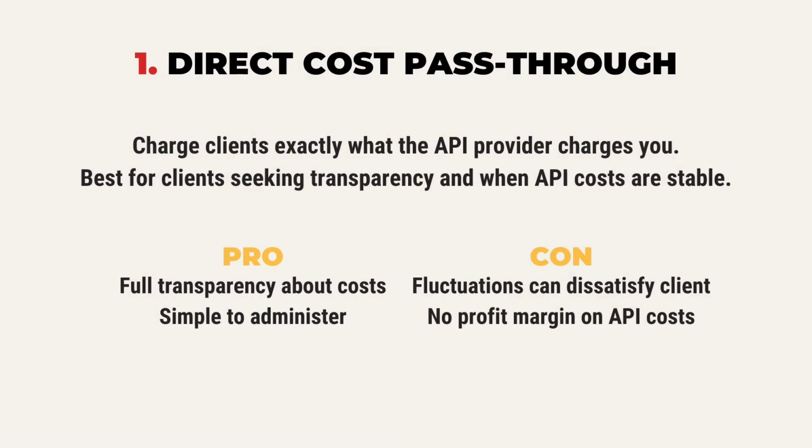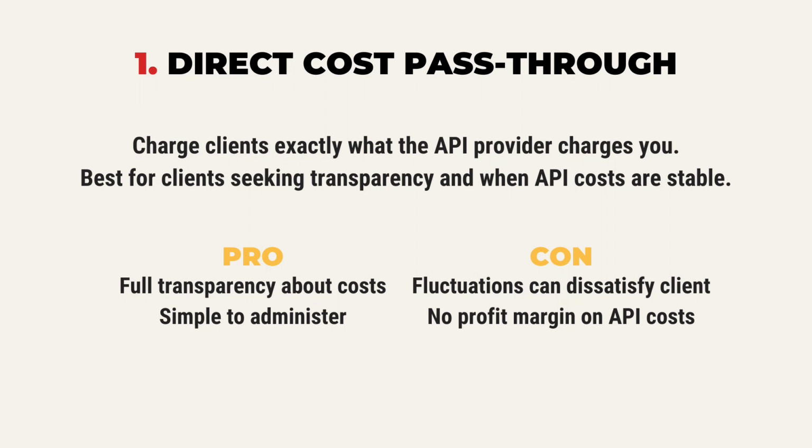So the first thing would be to have a direct cost pass through, so that you charge your client exactly what you are being charged by the API provider. This is best for clients seeking transparency and when the API costs are relatively stable.